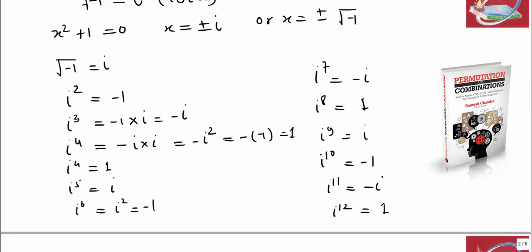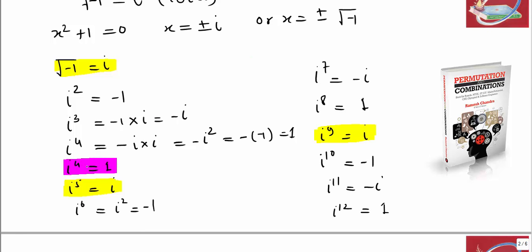So what you are observing here is that I, I to the power 5, I to the power 9 is I, and we are getting repeated values.